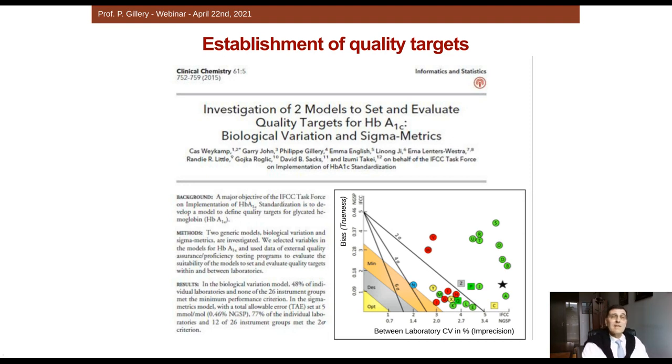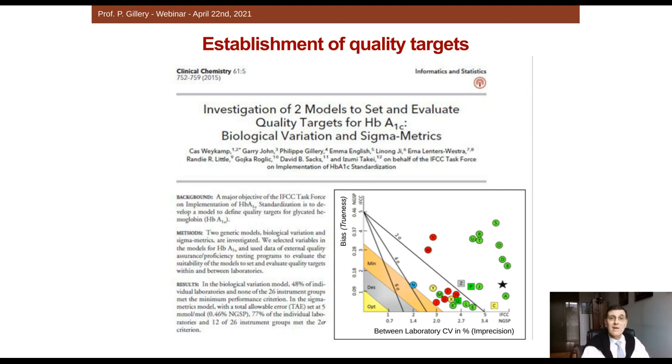In this context, an important point is to establish quality targets. There are different ways to establish quality targets, but one of the most attractive ones, in my opinion, is that proposed by IFCC and the group led by Dr. Cas Feikel.